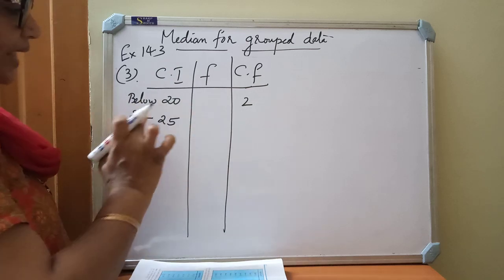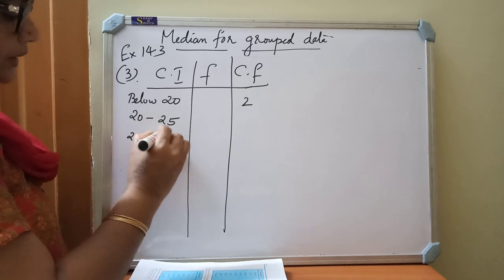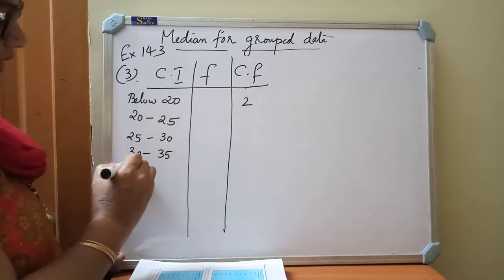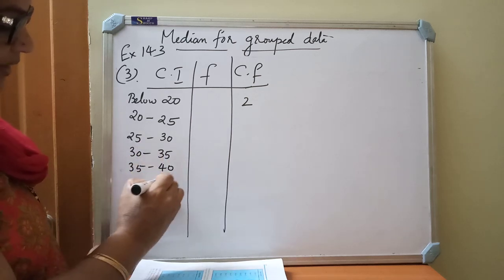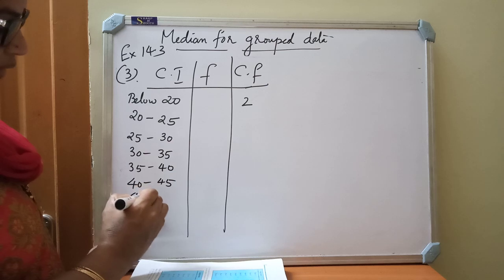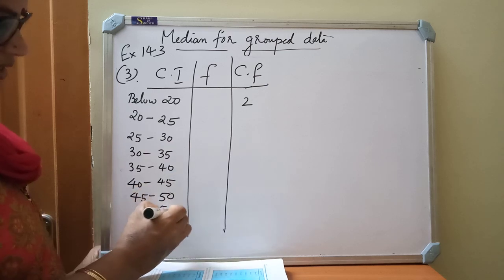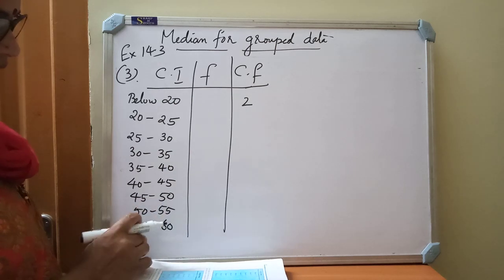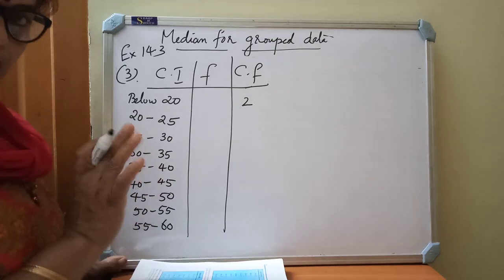So you must do that: 20 to 25, 25 to 30, 30 to 35, 35 to 40, 40 to 45, 45 to 50, 50 to 55, 55 to 60. Below 60 is only the last tabular column, so 55 to 60 you have to solve that.